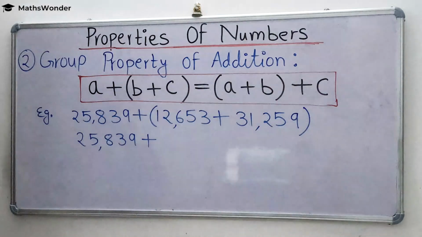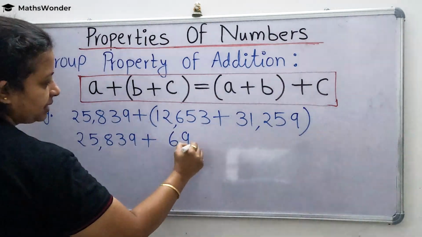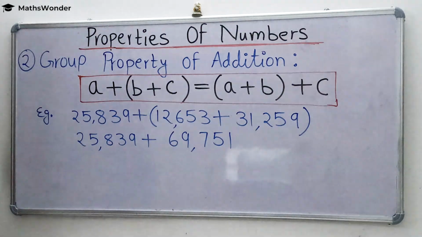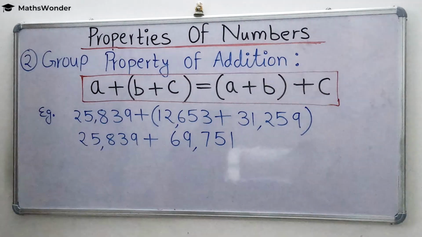When you add both the numbers, you will get 69,751.